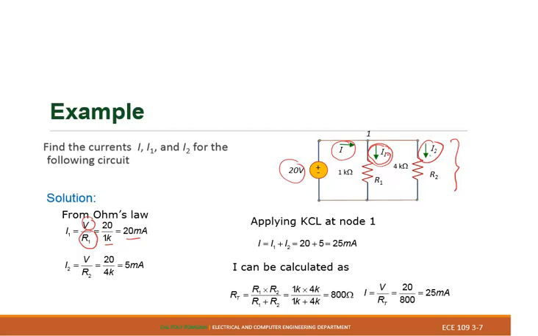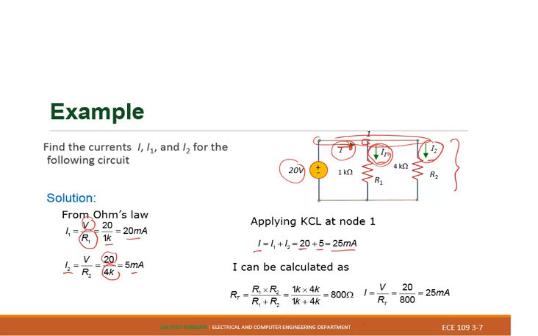For the second resistance, you have the same voltage again, V over R2. So I2 is equal to 20 divided by 4K, which gives you 5 milliamperes. Applying KCL at this node, where everything is combined together, the current I entering is positive and equals I1 and I2 exiting. So 20 plus 5 is 25 milliamperes.